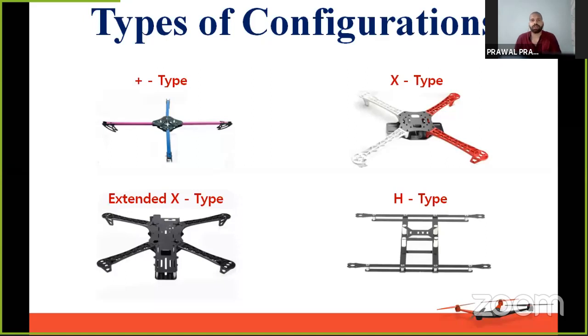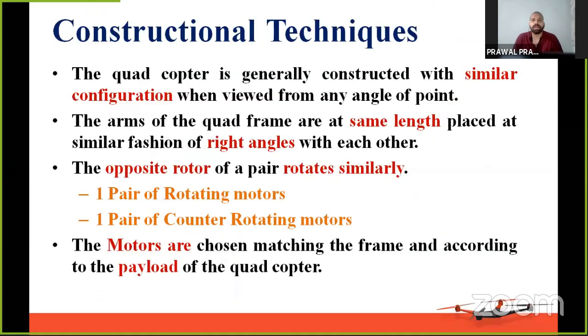After talking about the configuration, let's come to the constructional techniques that you have to keep in mind while constructing a drone. The main thing that I want to highlight, taking a basic example, is the wall clock.